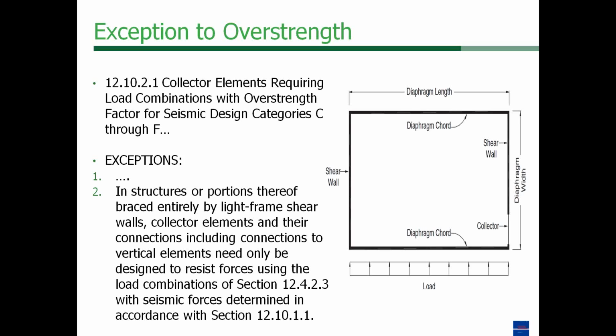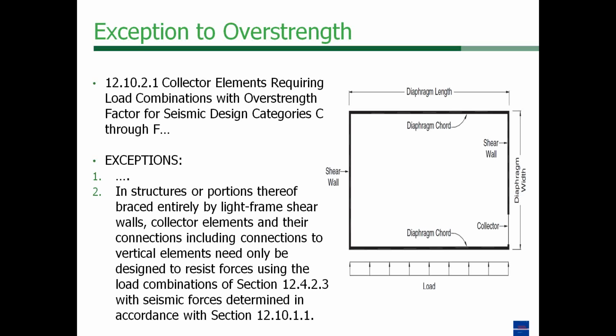But if we look even further, there are probably a few other reasons why this is not problematic. One, the wood member itself has design values based on very low percentile estimates of overall strength.